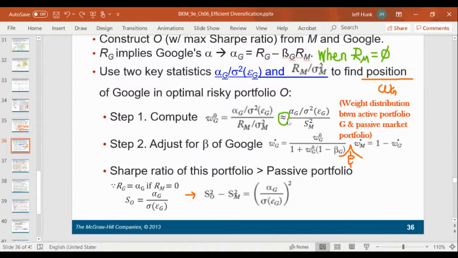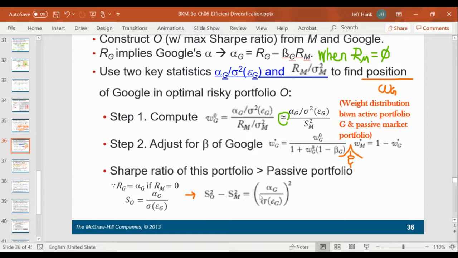You can think of this as a squared Sharpe ratio, although it's only roughly so.